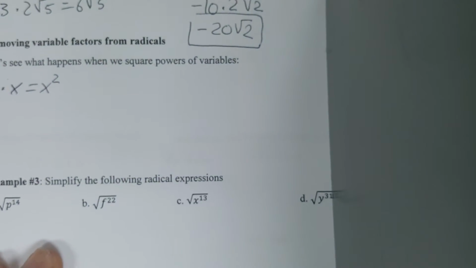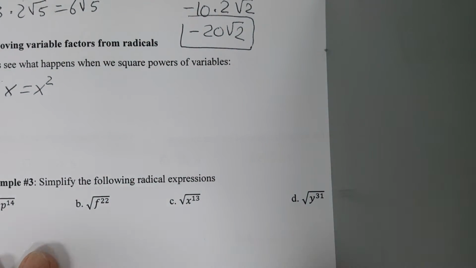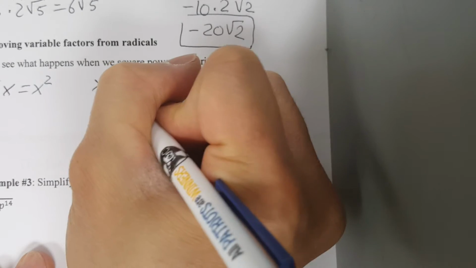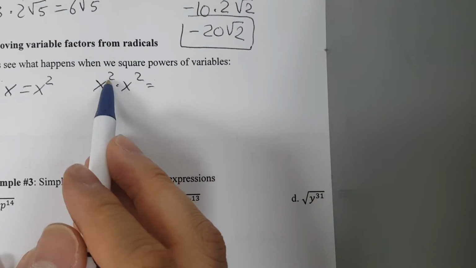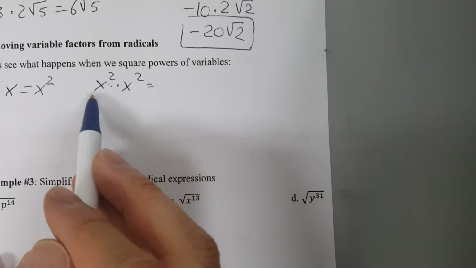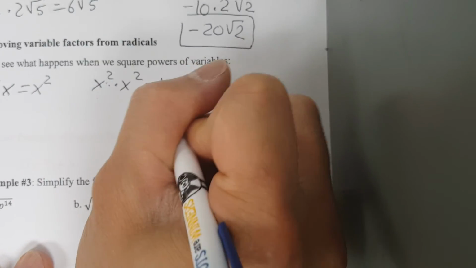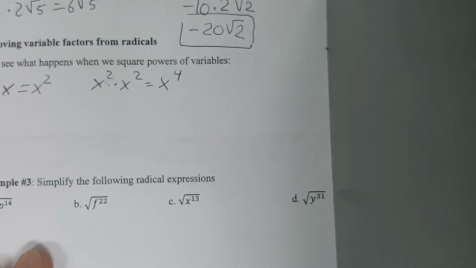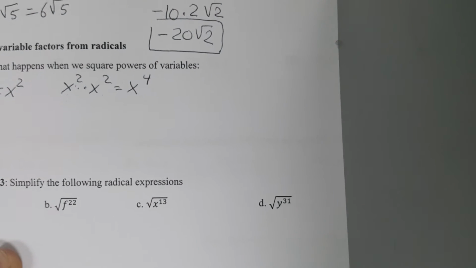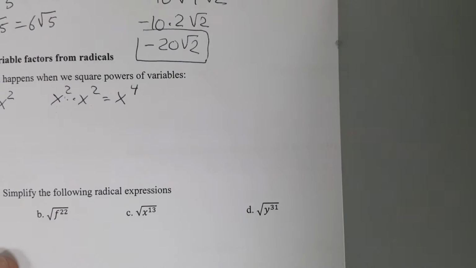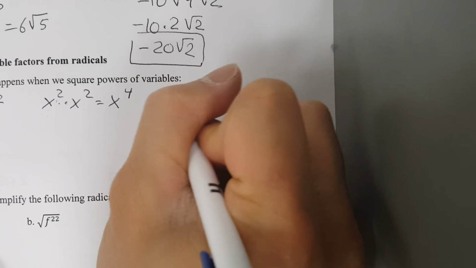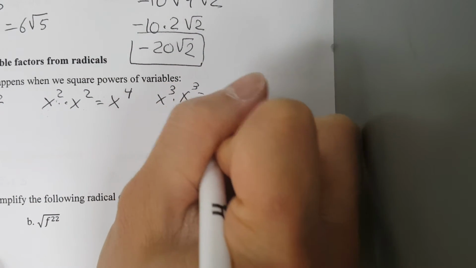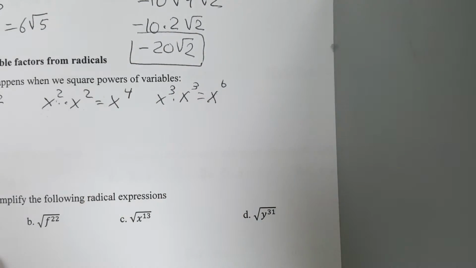If I have x squared times x squared, the answer is x to the 4th. Let's do x to the 3rd times x to the 3rd. I add the exponents, that's x to the 6th.